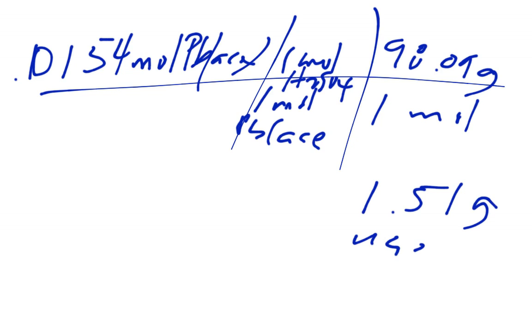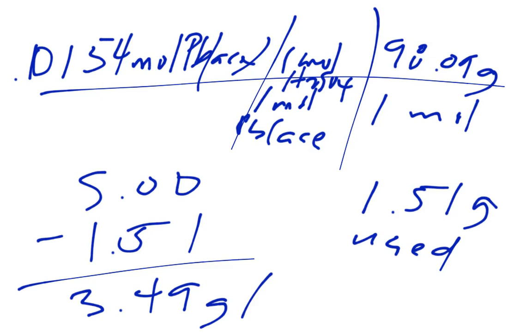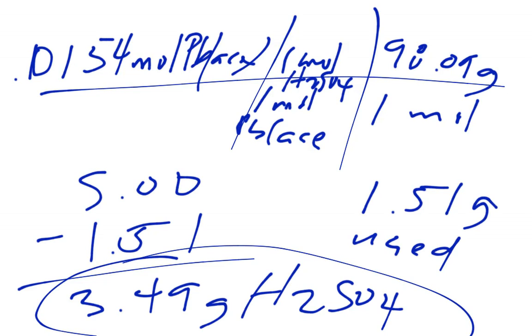That's how much I used. Remember, I started with 5 grams, so we're going to subtract those, and I will be left with 3.49 grams of sulfuric acid when this is all said and done.